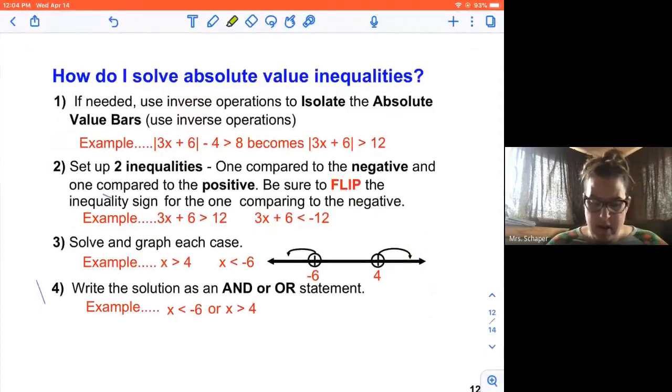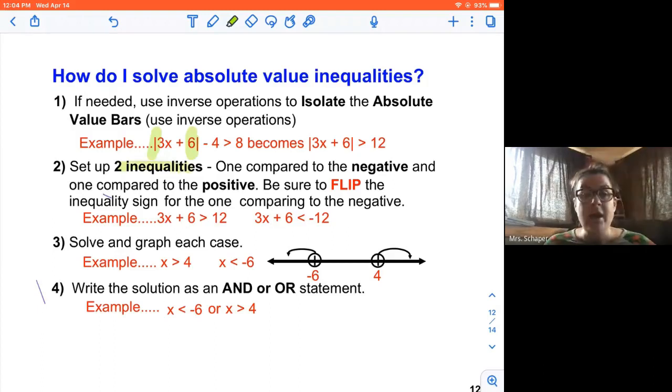So let's take a look and get through some examples. When we're solving inequalities, if needed, you're going to use inverse operations to isolate the absolute value bars. We need to get these bars all alone first, before you can do anything else. Then we're going to set up two inequalities.